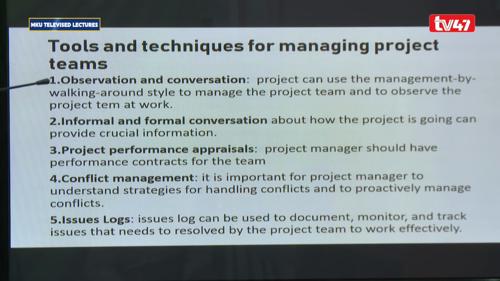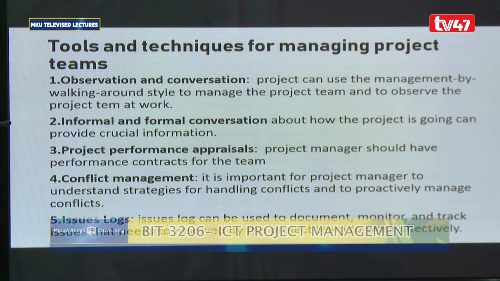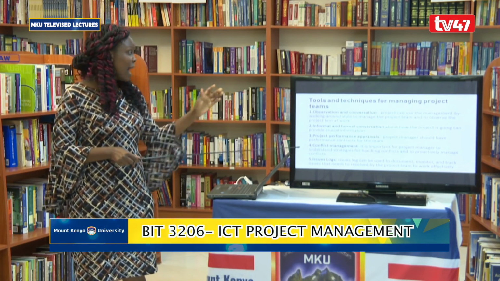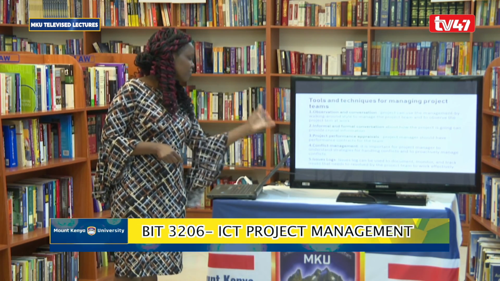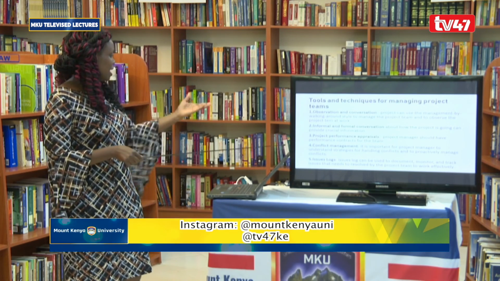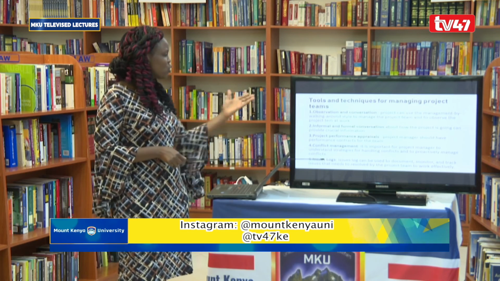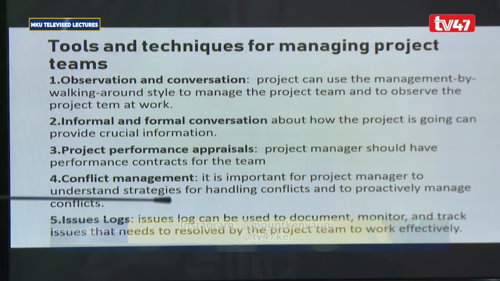And of course, as a project manager, you can use these tools and techniques to help you manage your project team. You can use observation and conversation. So you can use techniques like management by walking around, so that you can manage the project team and even observe them as they work. How are they working?